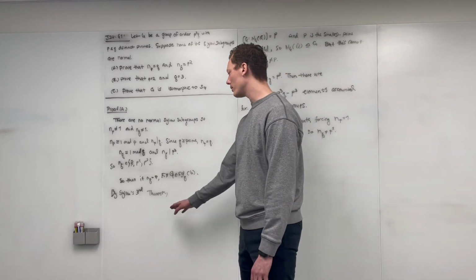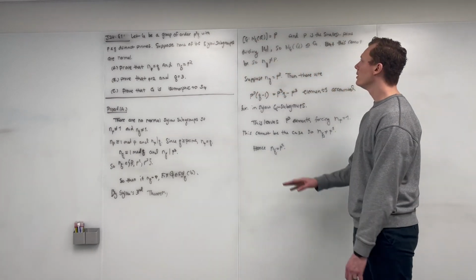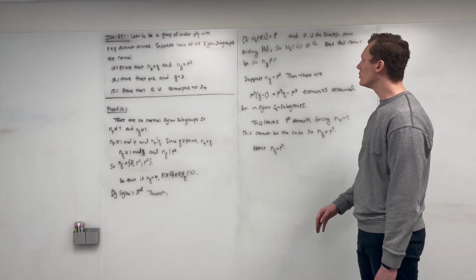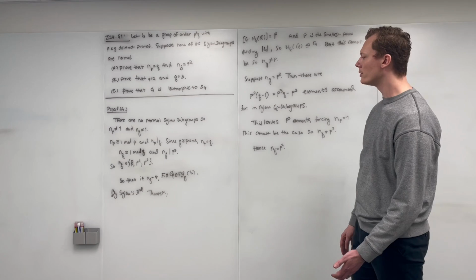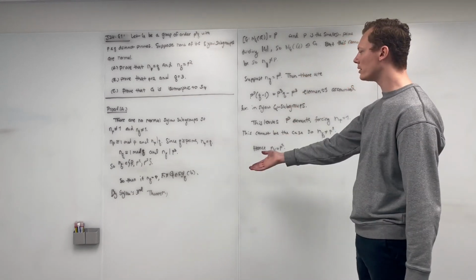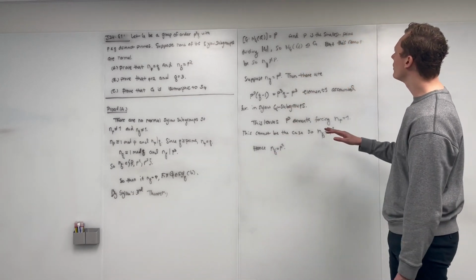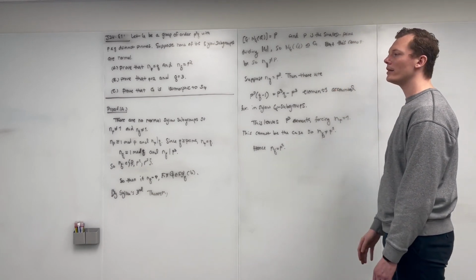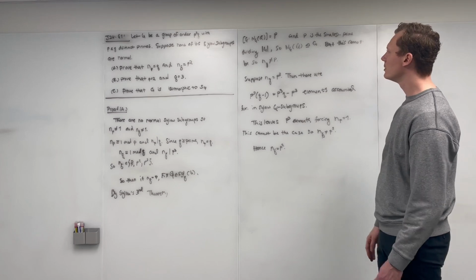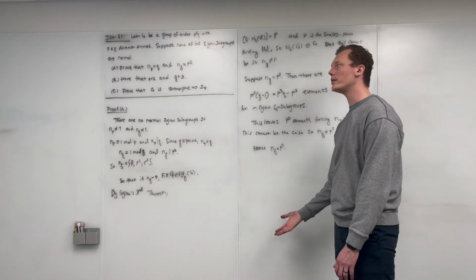Now by Sylow's third theorem, we know that the index of the normalizer of Q in G is equal to the number of Sylow q subgroups. So that's equal to p by supposition. And now p is the smallest prime dividing the order of G, because the group is of order p cubed times q.